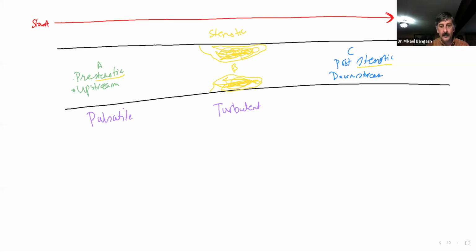Immediately after the stenosis it will also be turbulent, but then it goes from turbulent to steady.